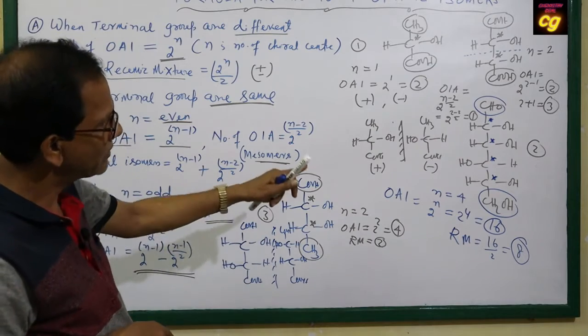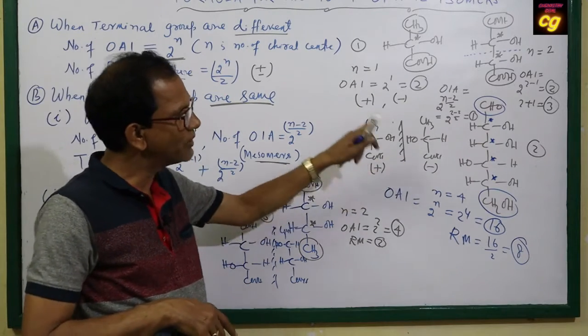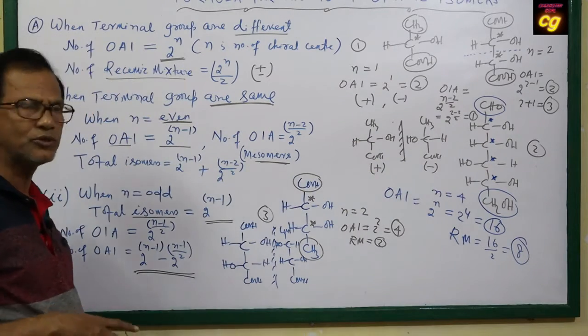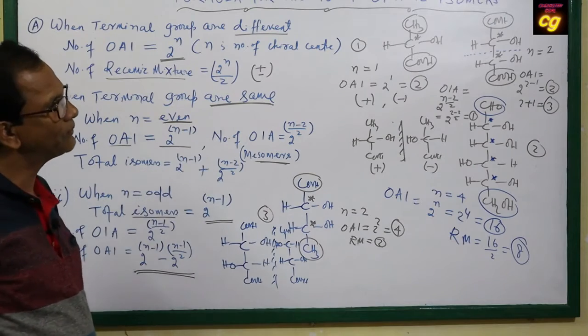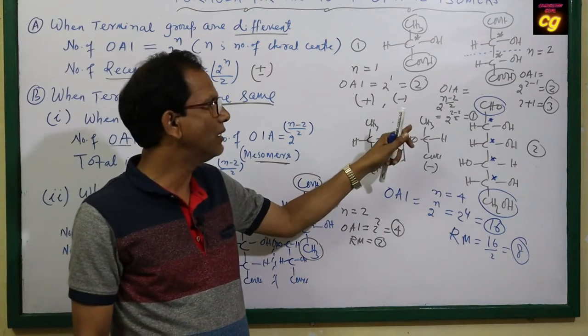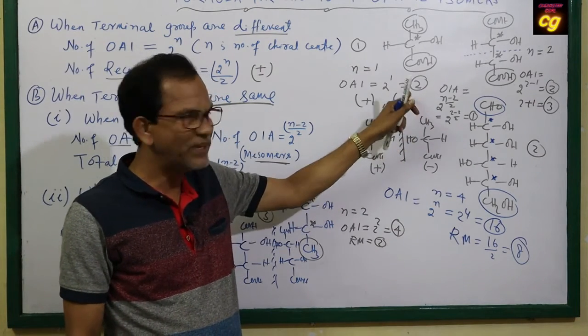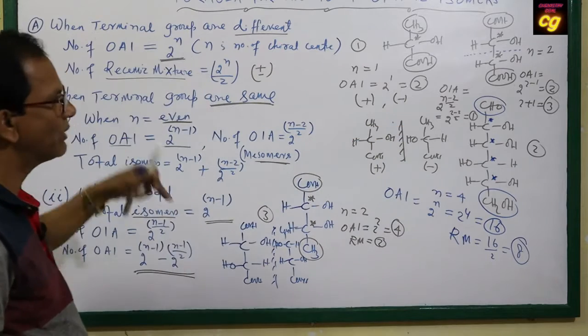So these are examples of different types of optically active isomers and the number of meso compounds and optically active isomers using the formula.